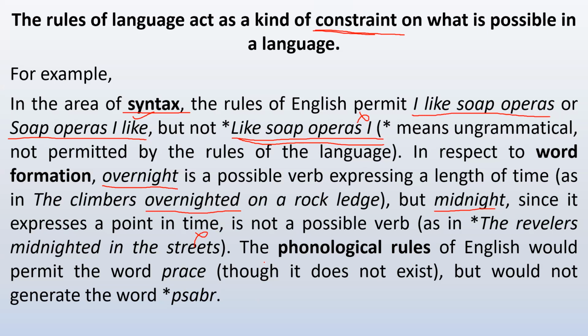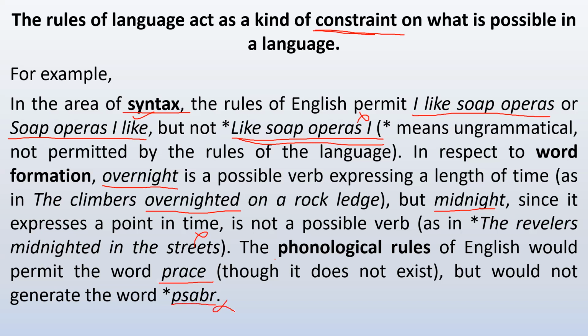When we talk about the sound level, the phonological rules of English would permit the word "crack", although it does not exist, but would not generate the word "sub". Now, we can't even pronounce this, right?